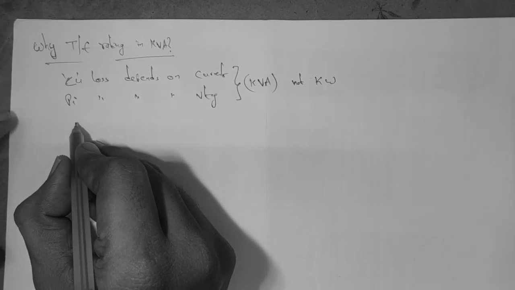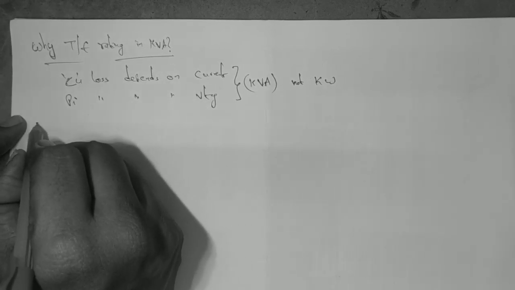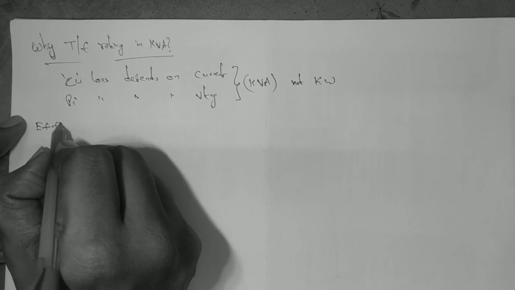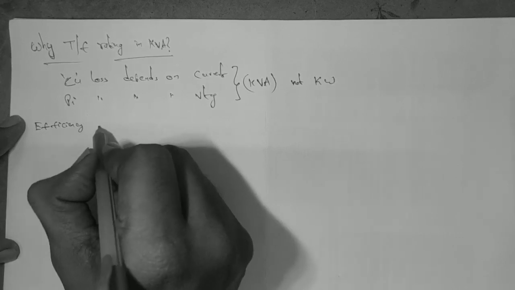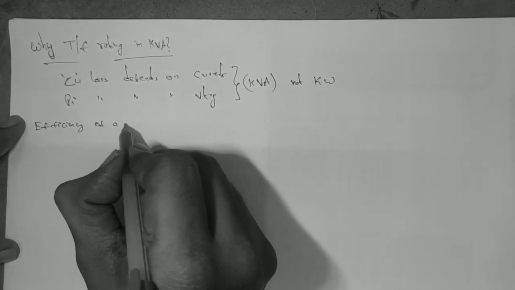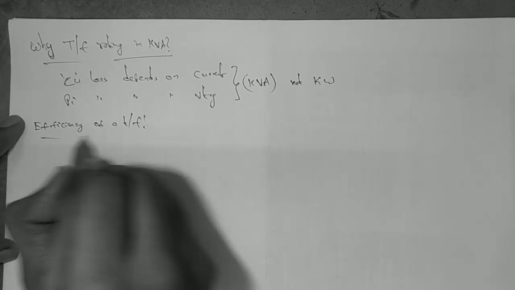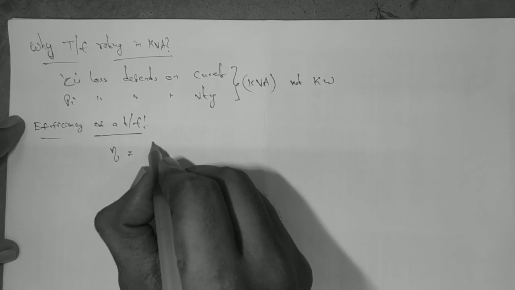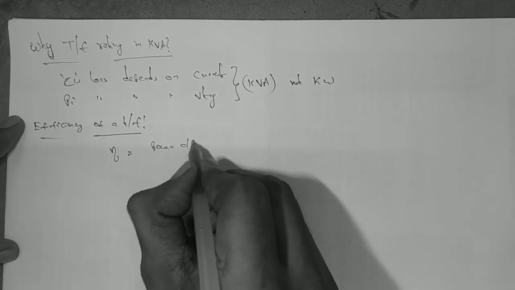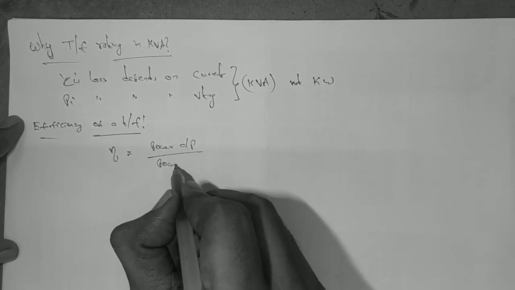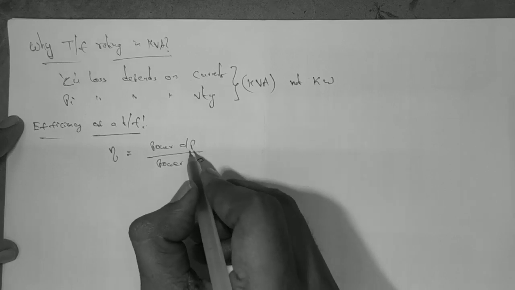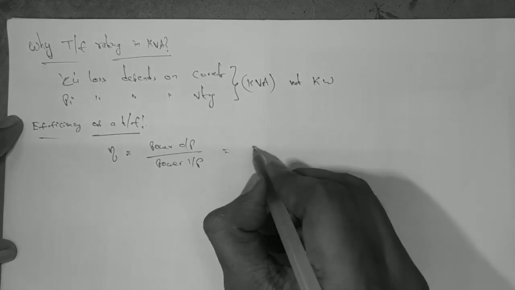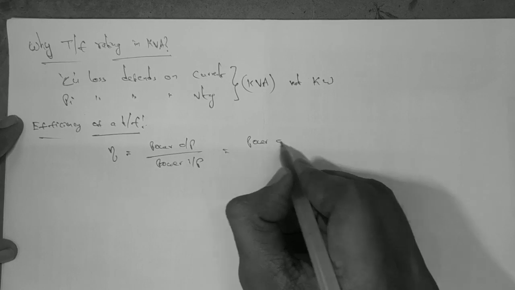Next, coming to the efficiency of a transformer. The general definition of efficiency is the ratio of output power to the input power. In this formula, the input power can be rewritten as output plus losses, or the output can be rewritten as input minus losses.